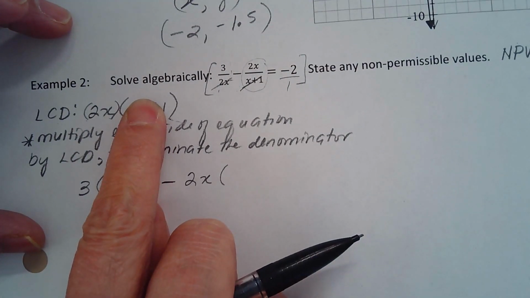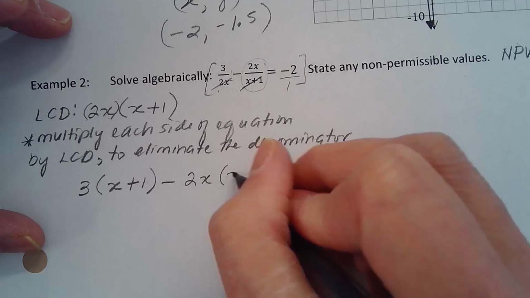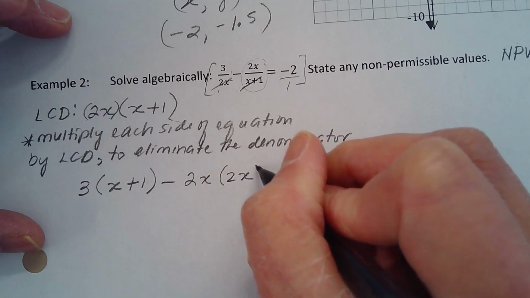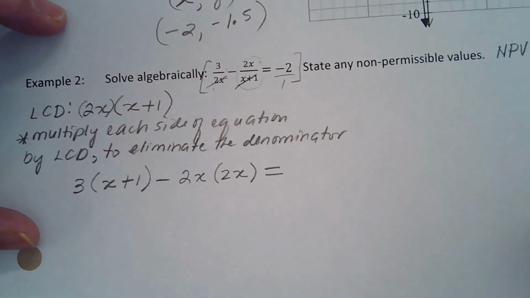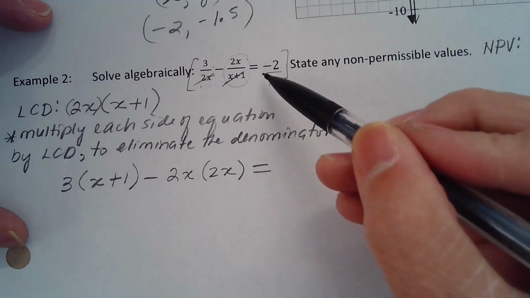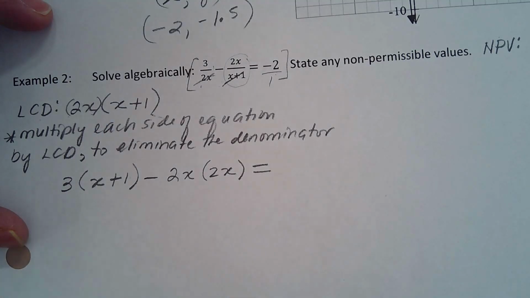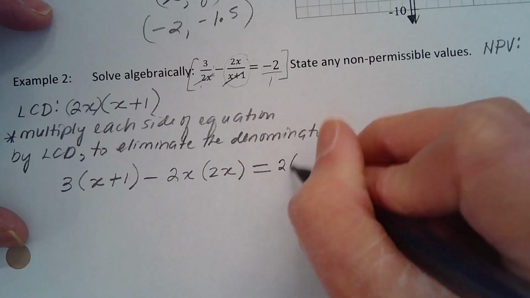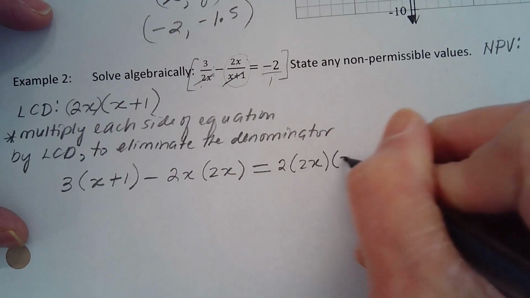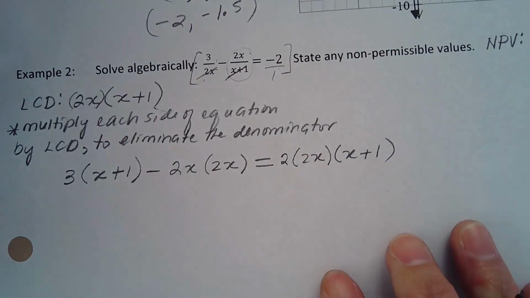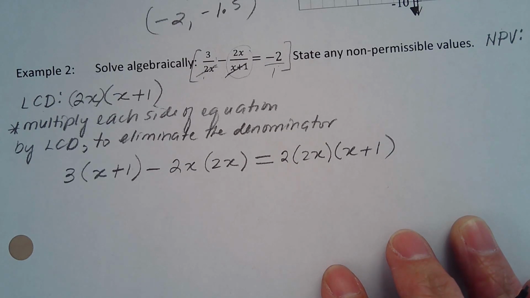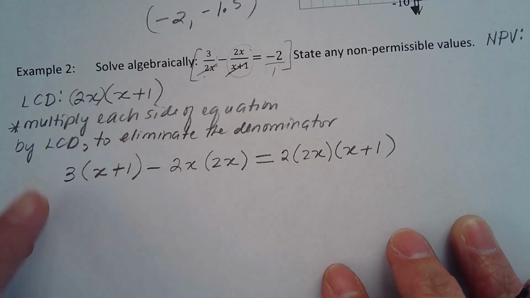Is everybody okay? It would be 2x times 2x equals. Now, what would happen if I take negative 2 and multiply it by the LCD? Yeah, so 2x times 2x times x plus 1. Okay, is there anything in here that you're not sure of? I think now is a good time to ask where that came from. Everyone's okay? Yeah? Okay, good.